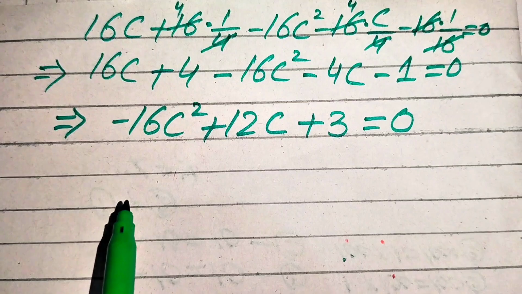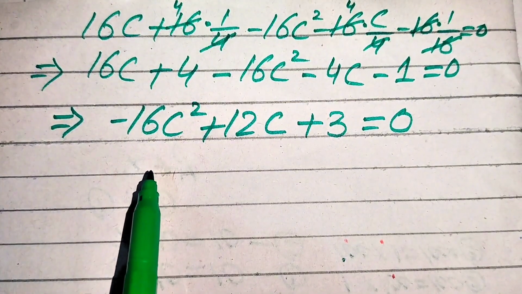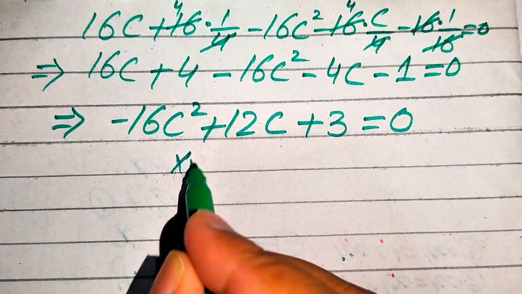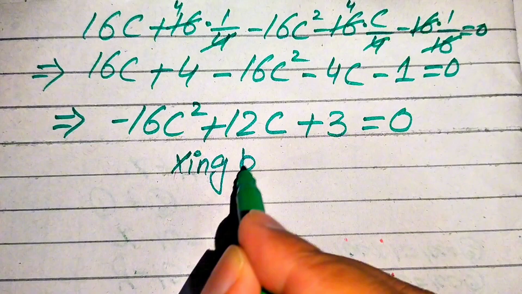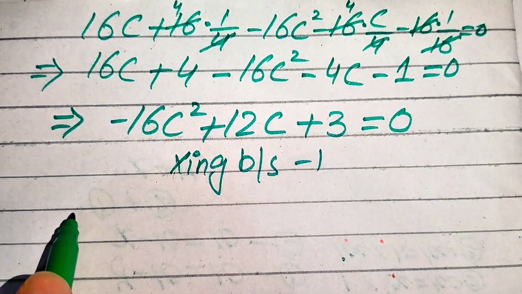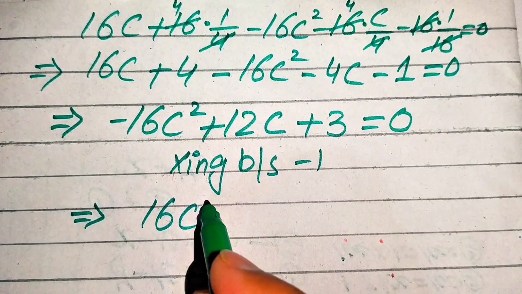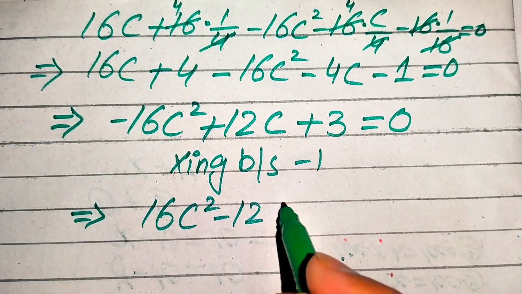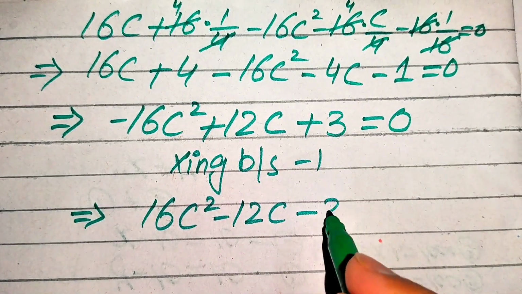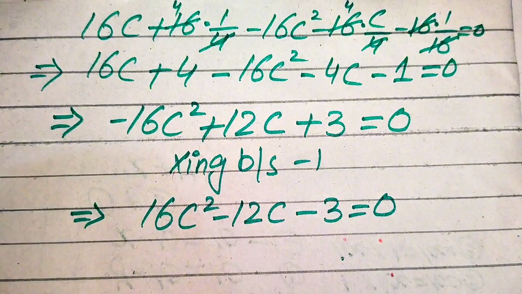So now in the next step we convert this equation into the standard form. For this we multiply both sides by minus 1. So when we multiply both sides by minus 1, it will be written as 16 times c squared minus 12c minus 3 is equal to 0.